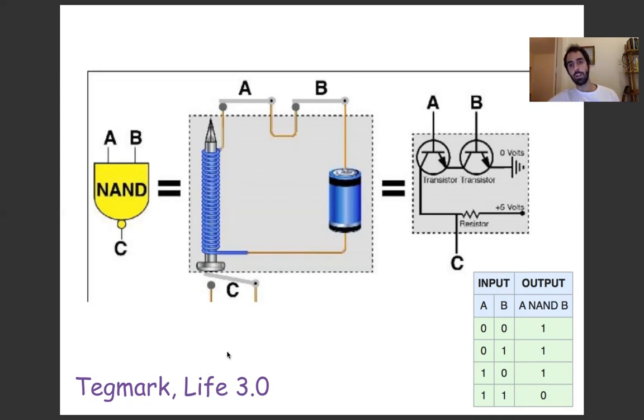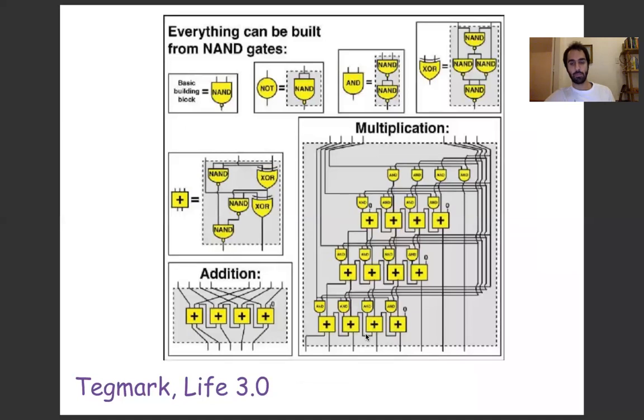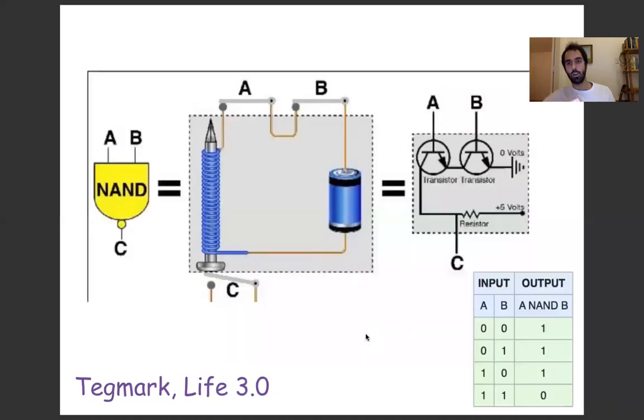Okay. You can also do that with transistors. I'm not going to go into the details, but here's the circuitry, how you would do that with a transistor. Okay. So if you can do a NAND gate using these transistors and resistors, then you can do whatever you want using transistors. So the transistor is really the fundamental unit of computation.